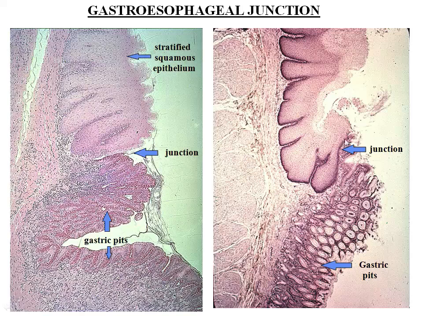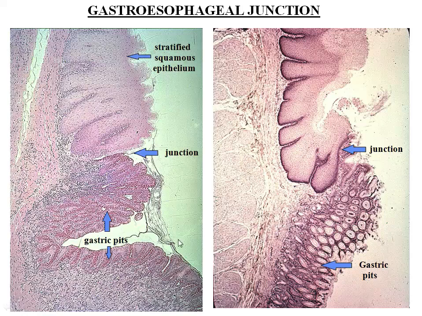In another photograph, again you will see the stratified squamous epithelial portion up to the junction point, and further on it shows gastric pits, and the epithelial layer also changes. This is the inner lumen portion, and this is the outer portion of the muscularis mucosa and the esophageal glands.